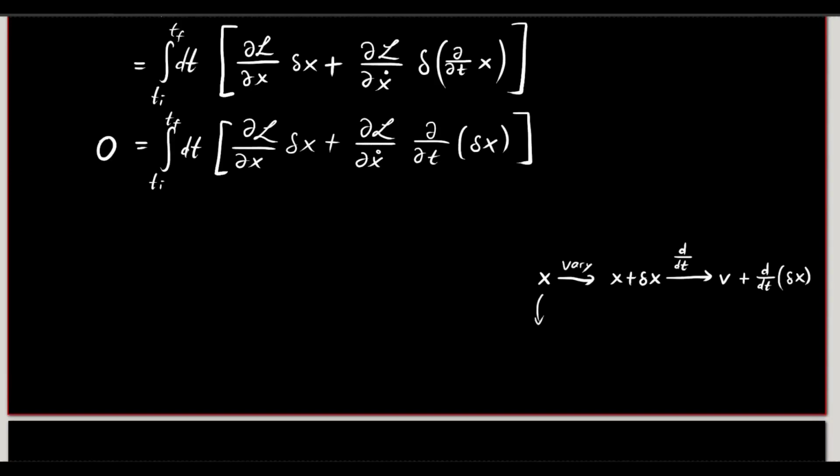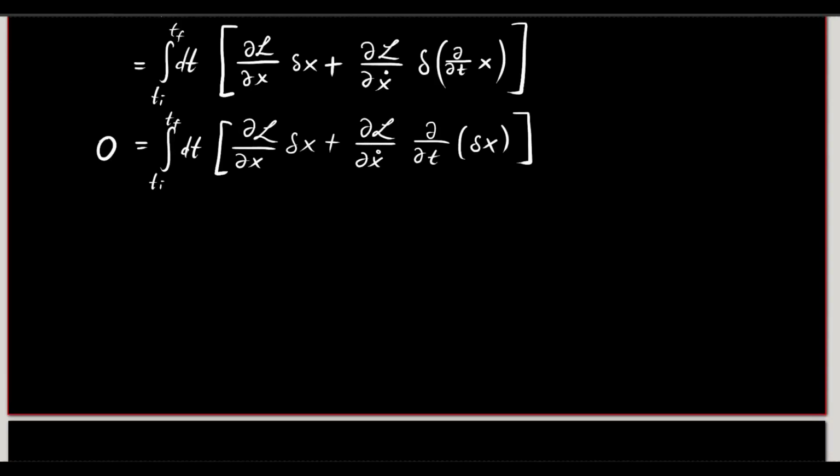But if we instead take the time derivative first, then vary it, we end up with v plus delta v, which is v plus delta of the time derivative of x. So these last two terms should be the same. This might not be a rigorous proof to show this property, but this is used very often in variational calculus derivations that I've seen at least.